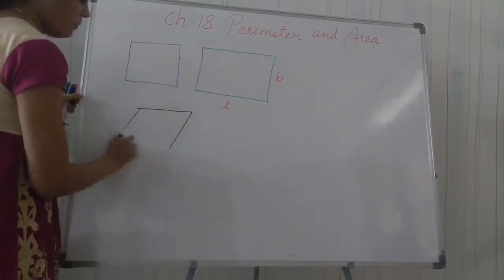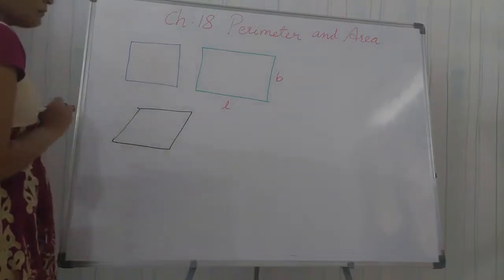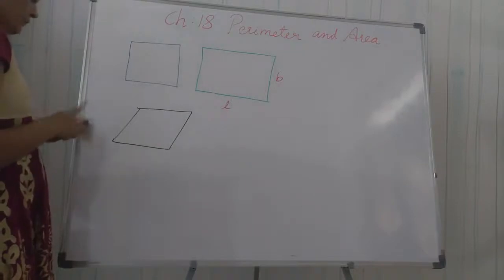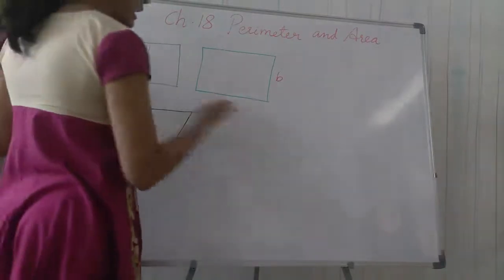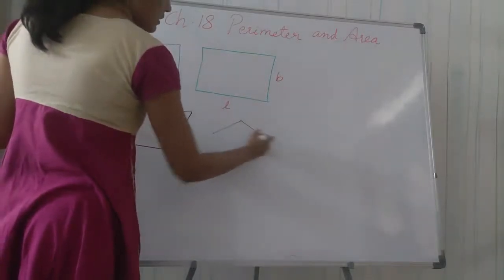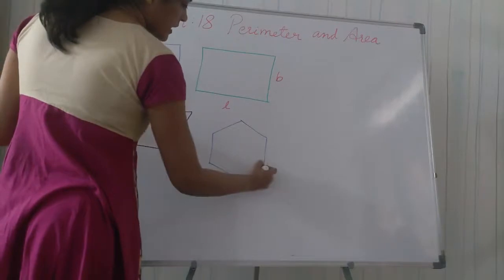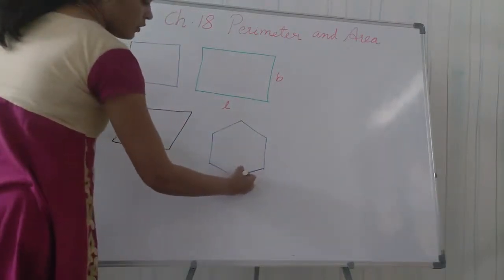This is called a parallelogram, a quadrilateral. In this also opposite sides are equal. Also, let us take the hexagon. Hexagon means the closed figure which has 6 sides. So this is the hexagon I have drawn here.